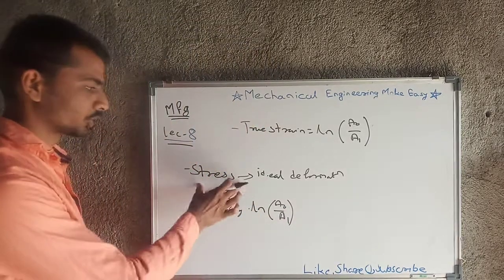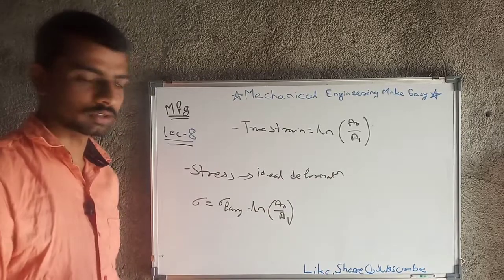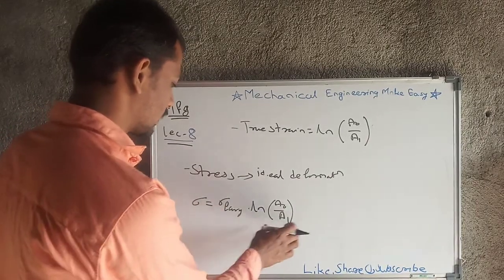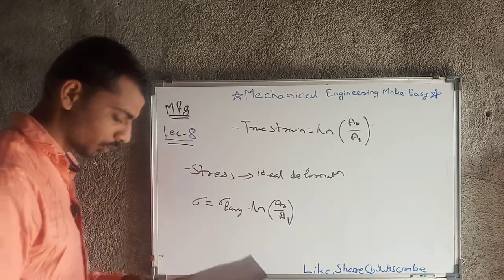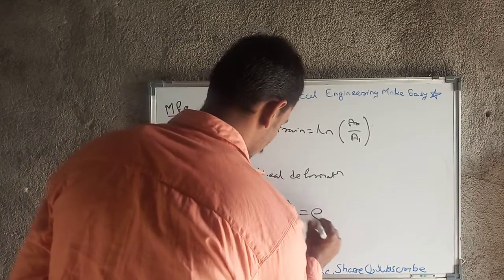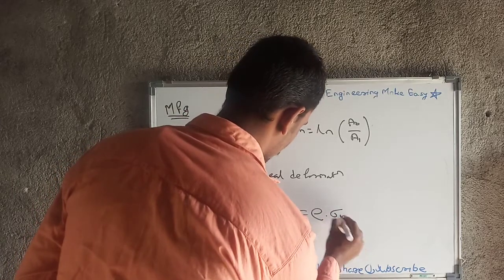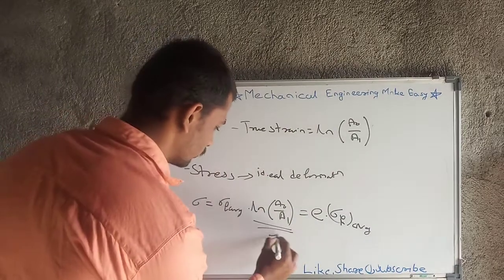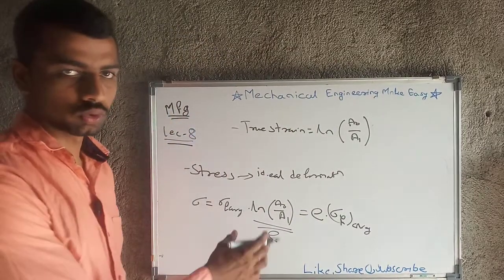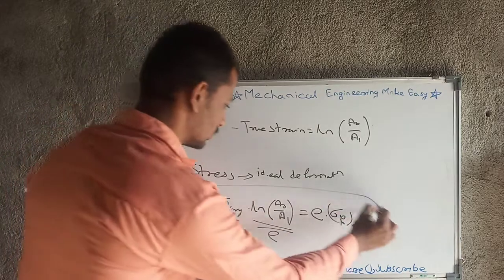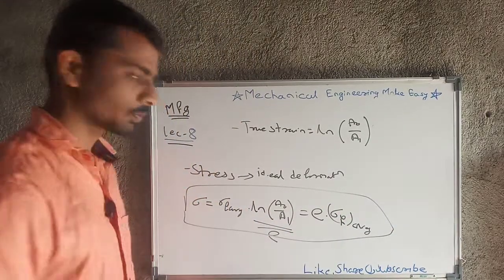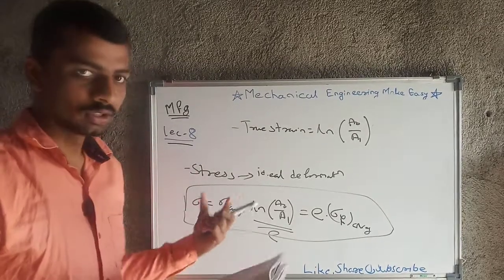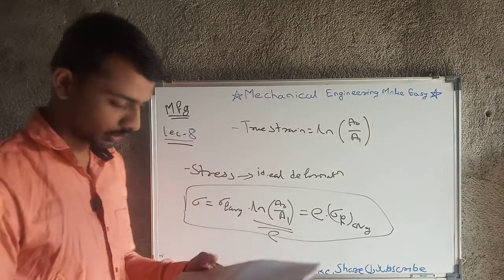This is the stress for ideal deformation, and it is equal to e into sigma f average, because e is the true strain. So true strain into sigma f average is the stress for ideal deformation.